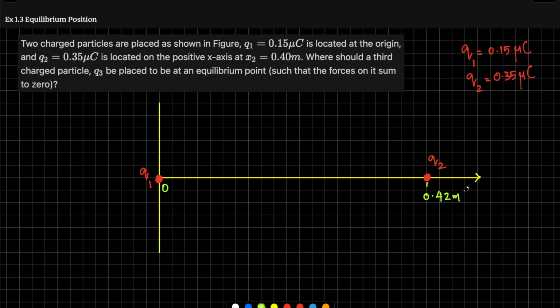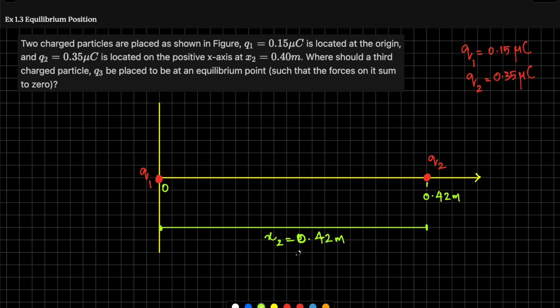That means the distance from x1 to x2 is x2, which is 0.4 minus 0, which is 0.4 meters.